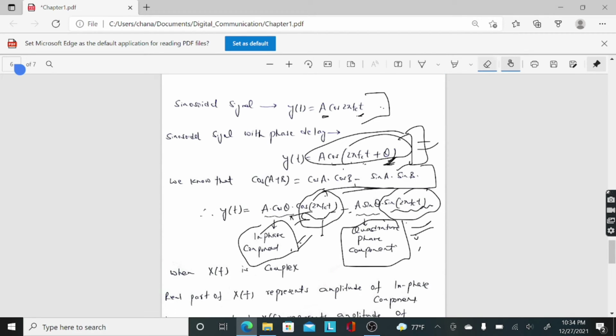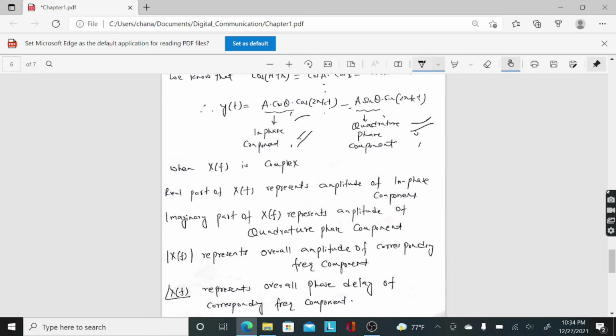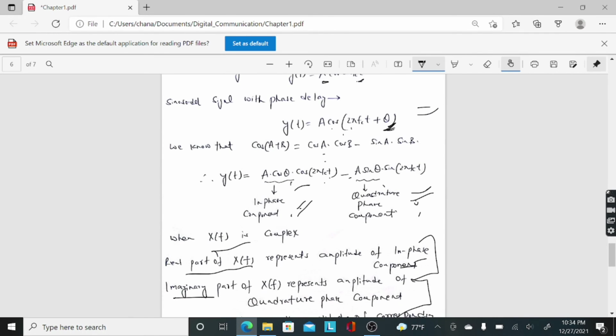So coming back to our Fourier transform, when X(f) is complex, the real part of X(f) is my in phase component of that frequency component. The imaginary part is the quadrature phase component. So in this example, a cos θ is the real part of X(f), a sin θ is the quadrature part.